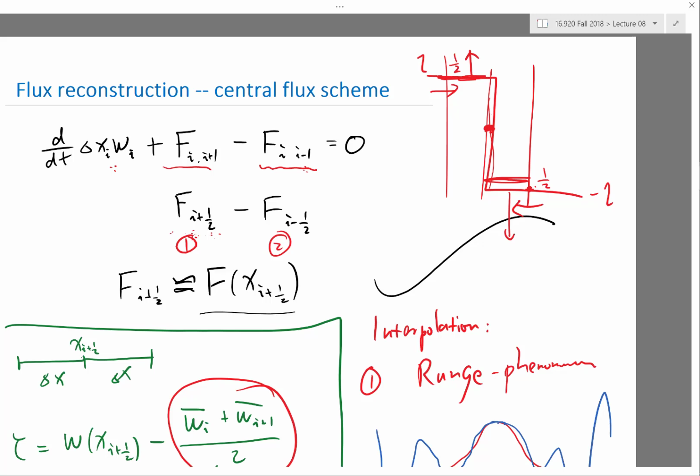What is actually the flux across this interface? Half, right? Because the value of the function is actually equal to 1 here. So the actual flux is equal to half, while by interpolating the function and then evaluating the flux, we made a huge error, an order 1 error. Any suggestions to fix this?